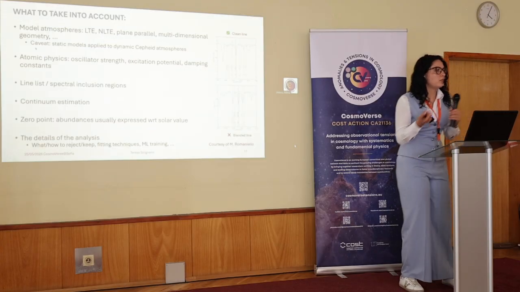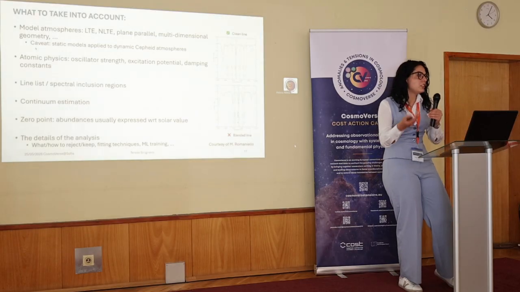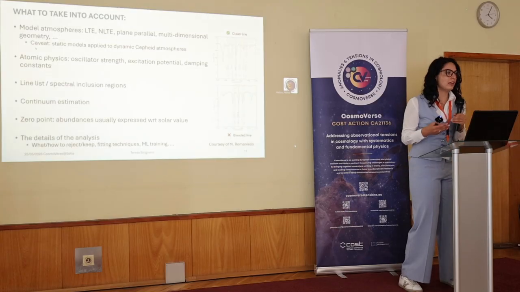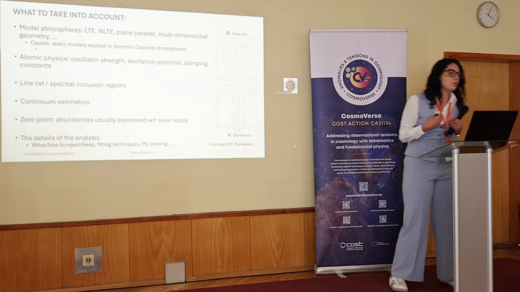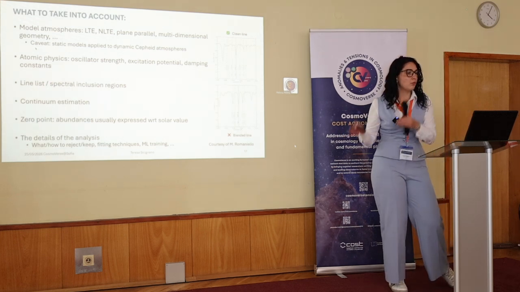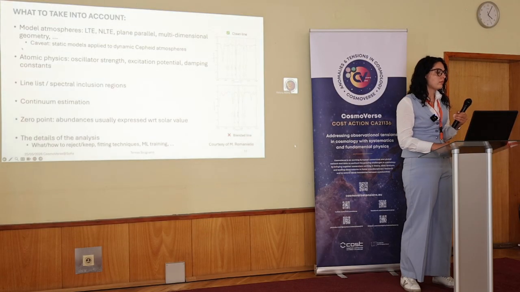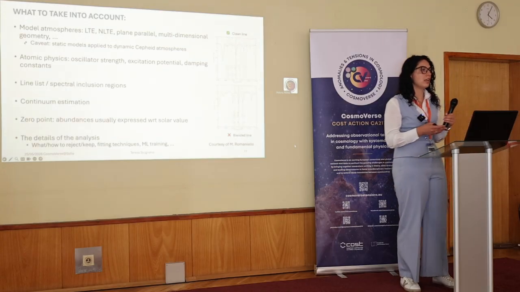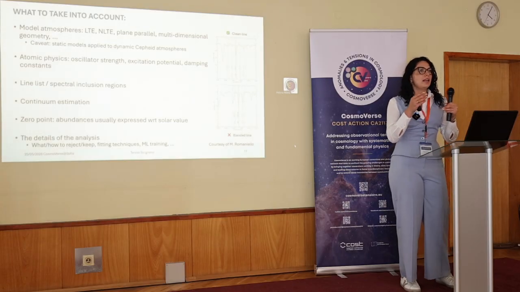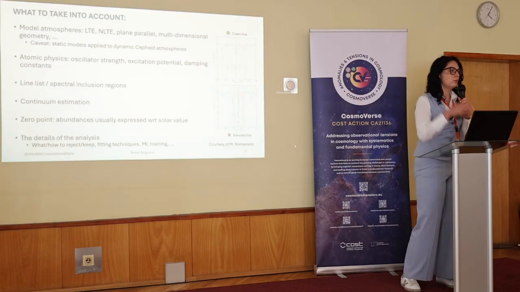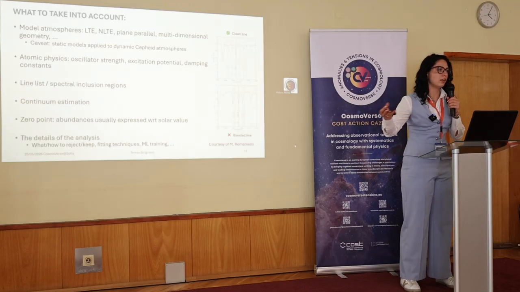Then you have the atomic physics, because the line lists from the laboratory are changing and improving. So if I analyze one spectrum today with all the models of today, my result will not be the same if I do the same work in 2 years and something has changed. Then we have the line list and the spectral region, because a line list can be more complete in one wavelength range than another.